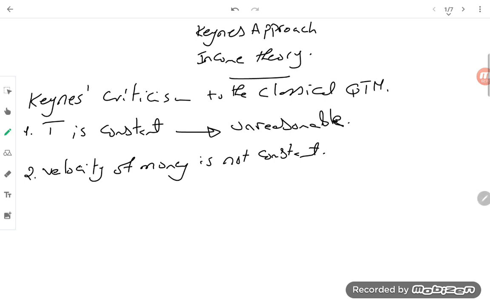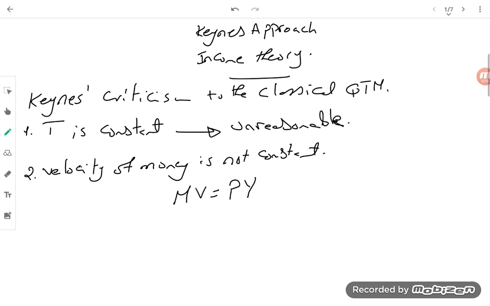So according to Fisher, MV equals PY. As we said before, if money increases by 20%, velocity and Y will be constant and price will increase by the same percentage.